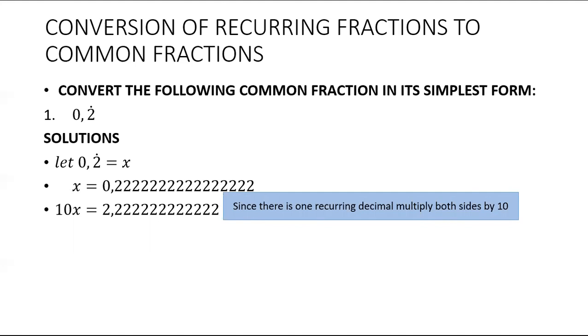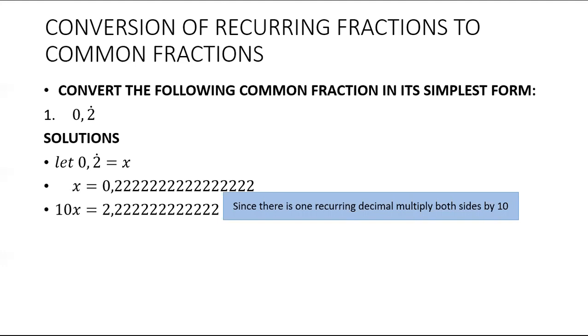Now, what you're going to do is take the equation at the bottom minus the equation at the top, and you do it dealing with each side separately. You will start by saying 10x minus 1x is equal to 9x. So that's what we're going to get on the left-hand side. Remember, you keep the variable, you just subtract the decimals.